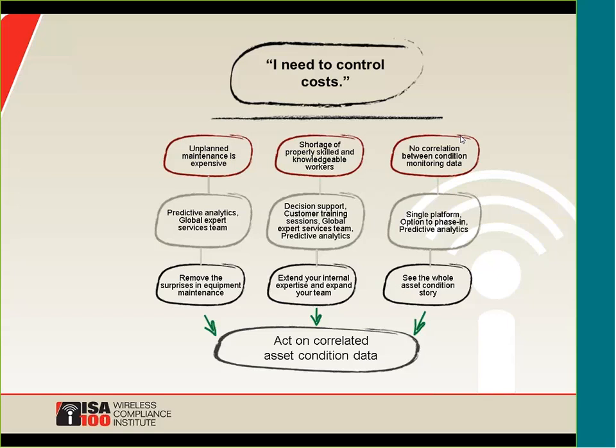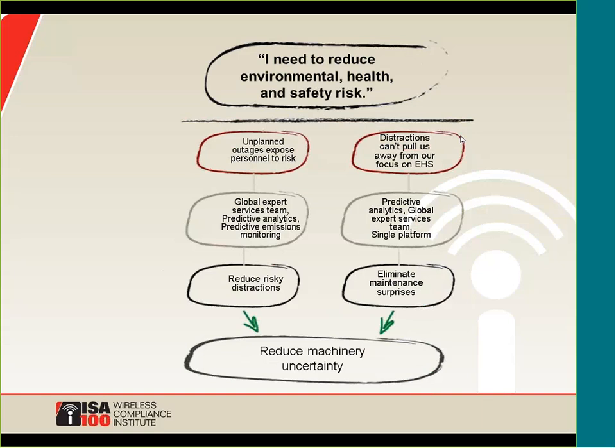It's removing the surprises in equipment maintenance. It extends your internal team so that they can become smarter, more focused, more efficient, and allows you to see the condition of all of your rotating equipment, all of your assets. So bottom line is being able to act on correlated asset condition data.